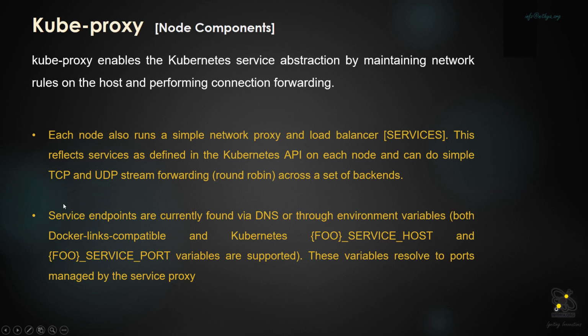Another easy way: suppose one pod needs to communicate to another pod, how am I going to do it? For example, from one Node.js service to another Node.js pod, or your UI pod wants to communicate to the backend pod. At that time I will use environment variables in my programming.